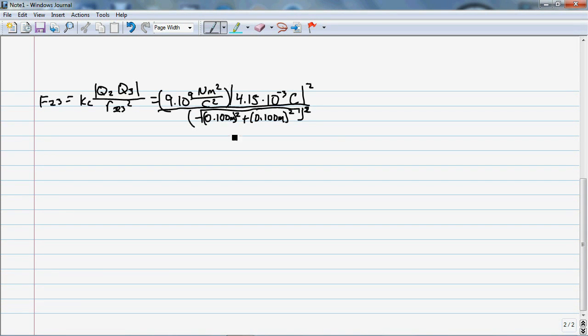So the square root's basically going to go away. And we calculate this out, and we get 7.743 times 10 to the sixth newtons.